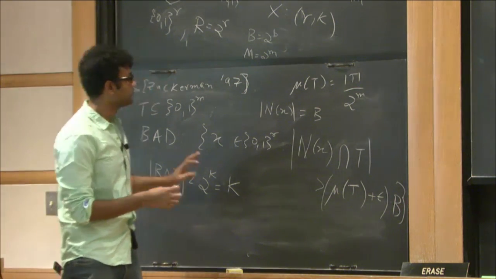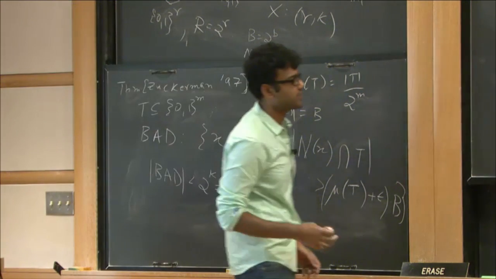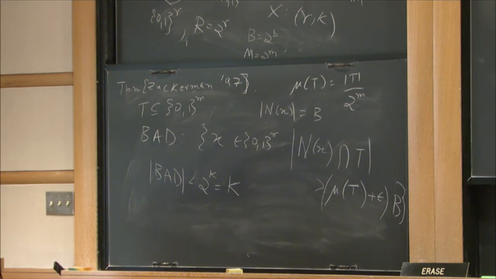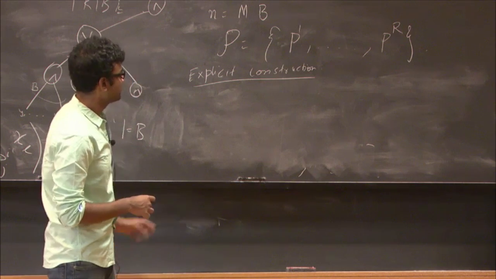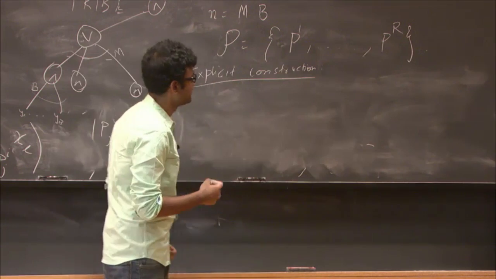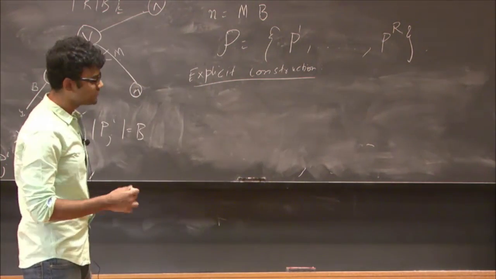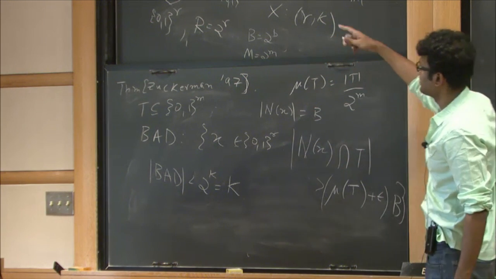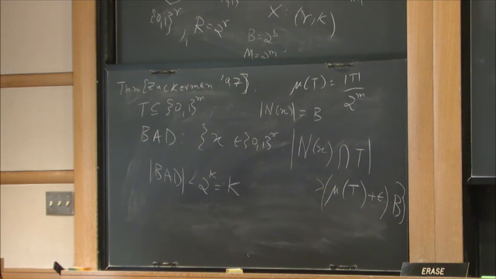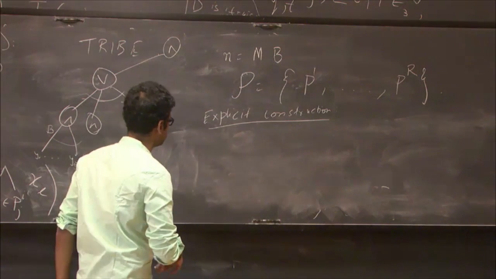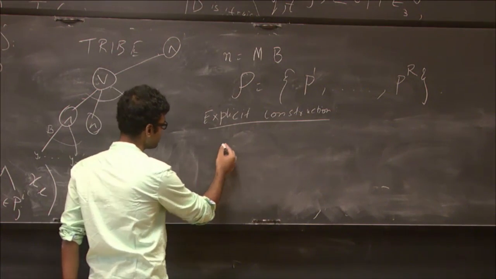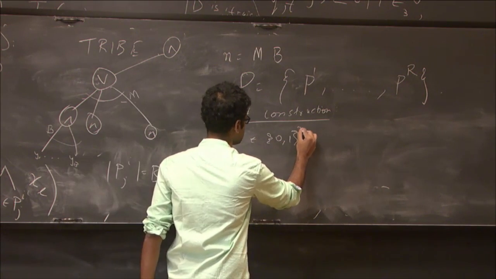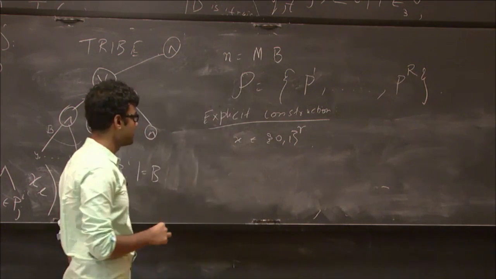All right. So after this detour, let's get back to our construction. So our explicit construction of these R partitions. So each partition corresponds to an x on the left, which is an r-bit string. So let's take any x which is in {0,1} power r.